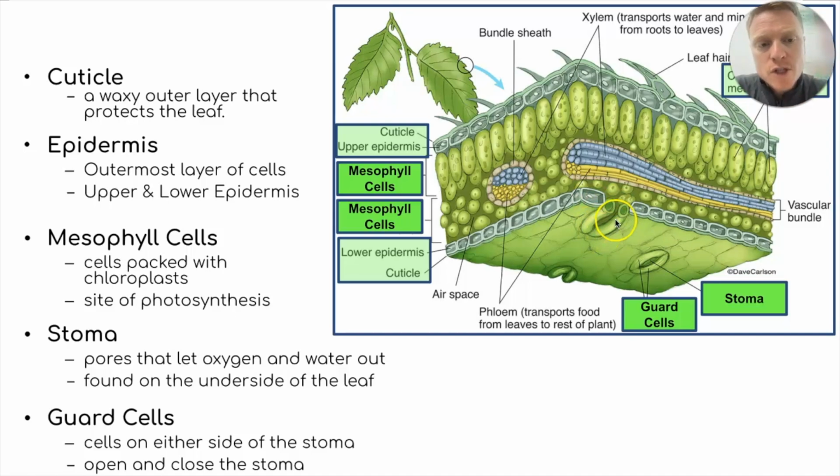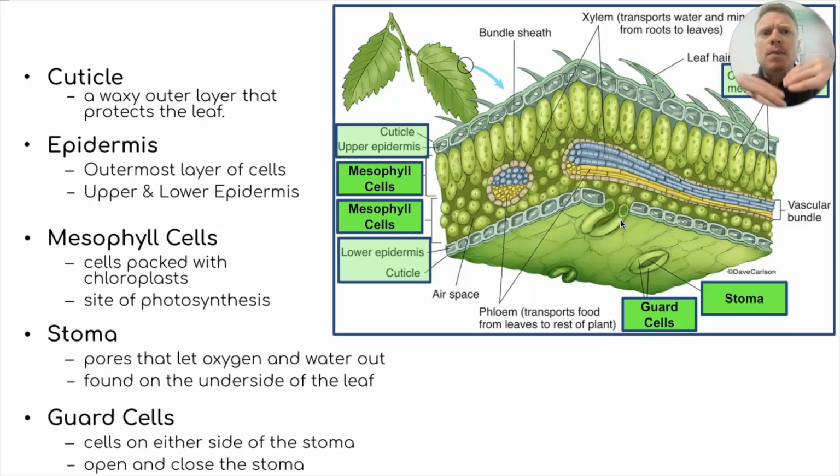And then around that, there are two cells called the guard cells, and their job is to open when the conditions are favorable and water loss is not a concern. The guard cells can open the stoma.